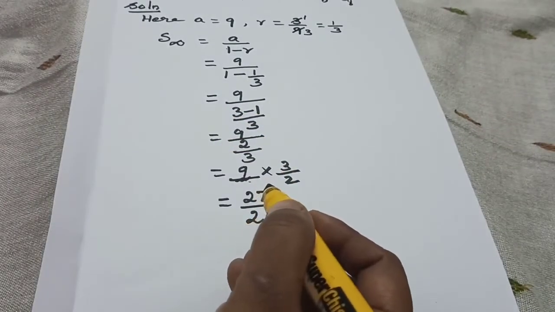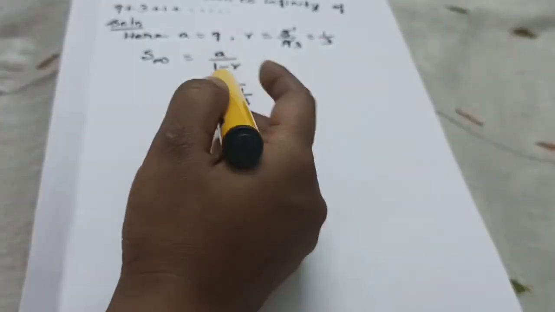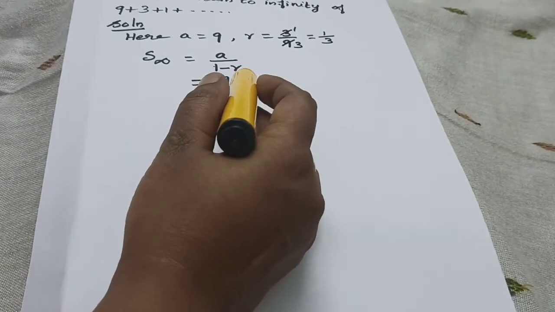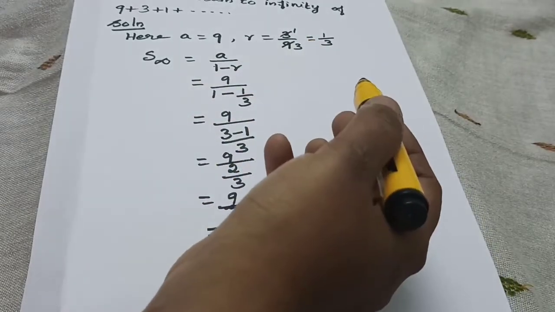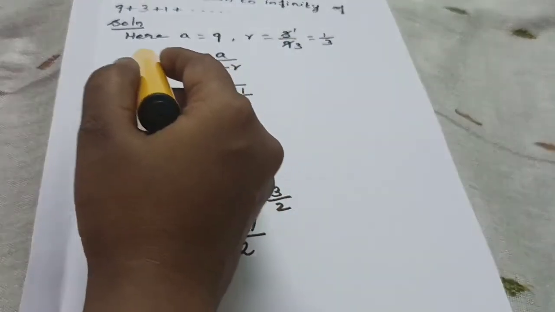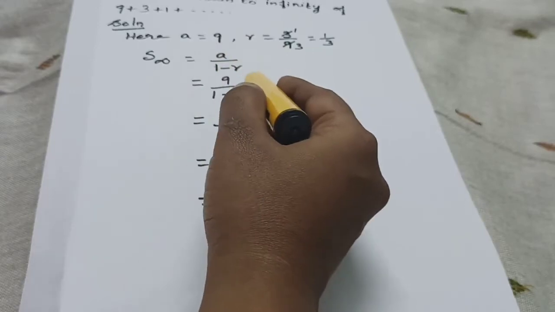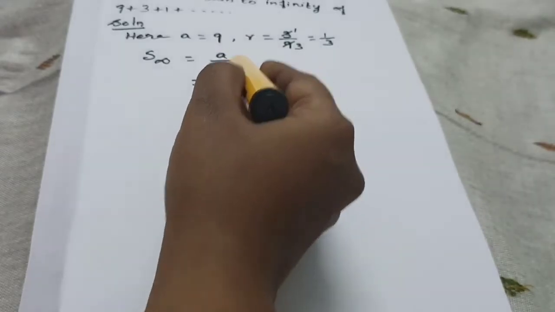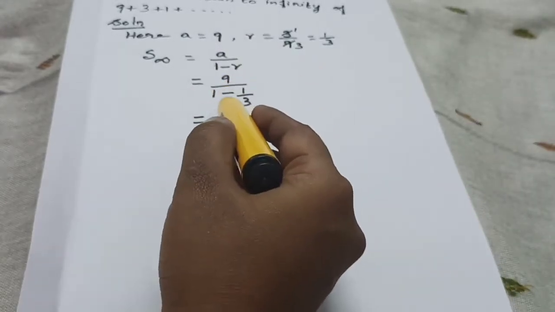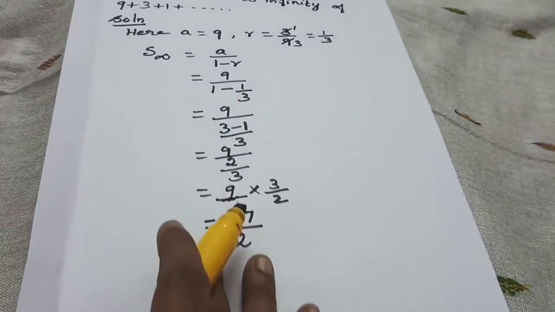Therefore, S infinity is equal to, what's the formula? A divided by 1 minus R. Infinity means we don't know how many terms, up to how much we don't know. Therefore S infinity is equal to A divided by 1 minus R. Then in place of A we have to substitute 9, and instead of R we have to substitute 1 by 3.